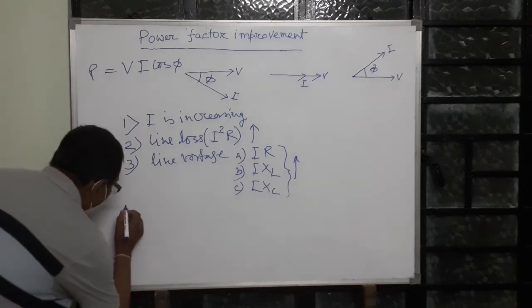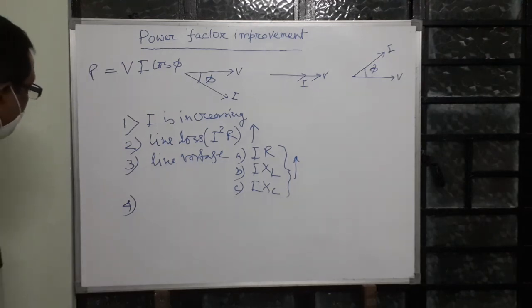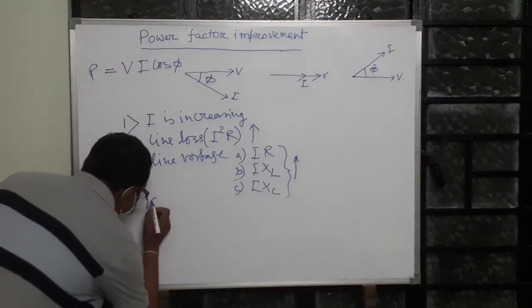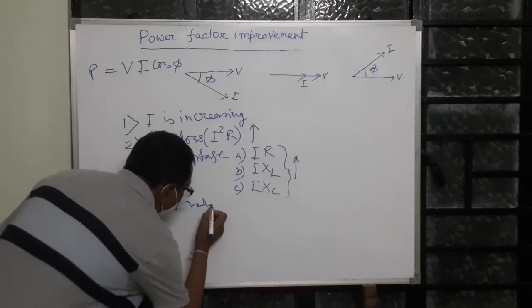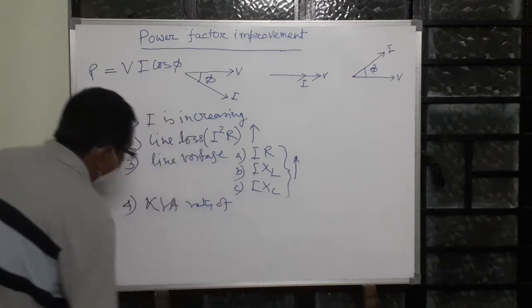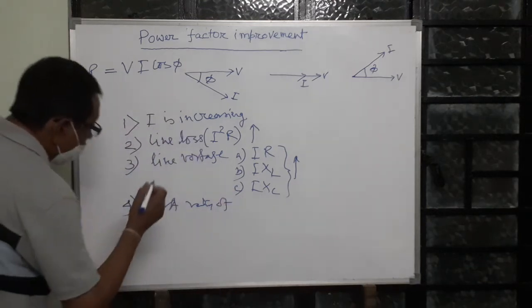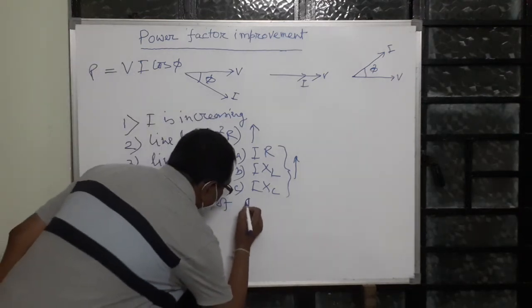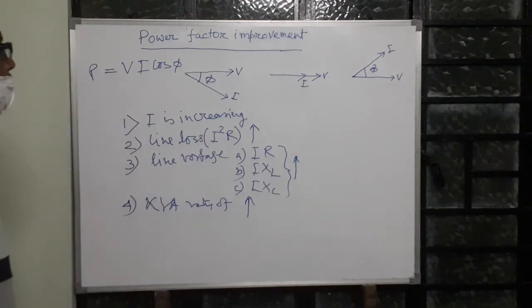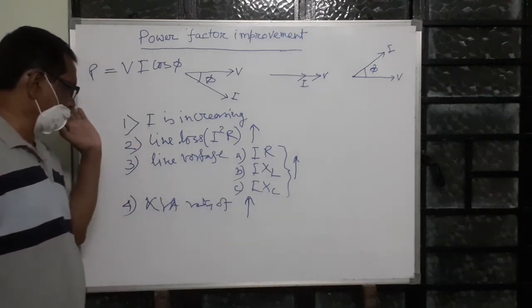Number 4 point, KVA rating of instruments increases. That may be the KVA rating of instruments, that may be transformers. This supply transformer KVA rating also increases due to low power factor.